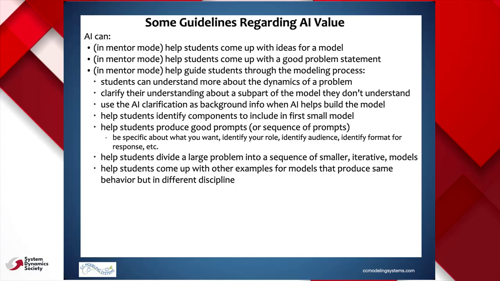The epidemic model is the spread of a disease, but it could also be, in social studies, the spread of a political movement or something. So the same structure will work in different disciplines. So you can ask AI to help you figure out how to transfer a structure to a different discipline.